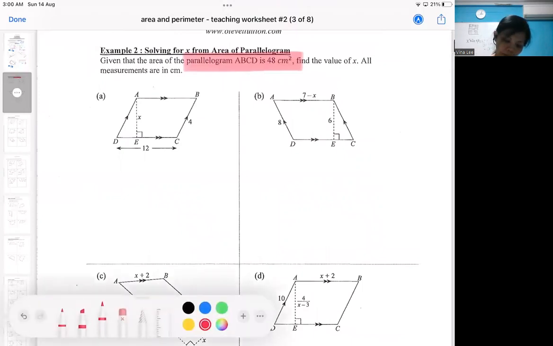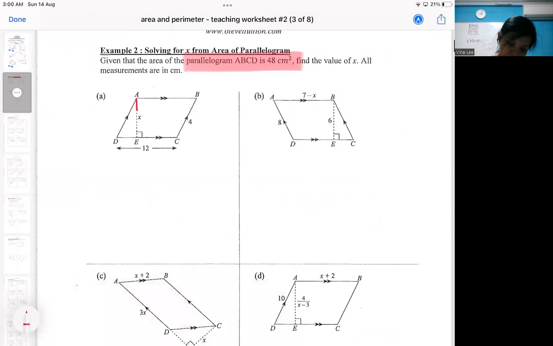So I'm going to find the 90 degree to get the base and height. So I will do my area in algebra. Then I let my algebra be the 48 that the question gave. So I form an equation.